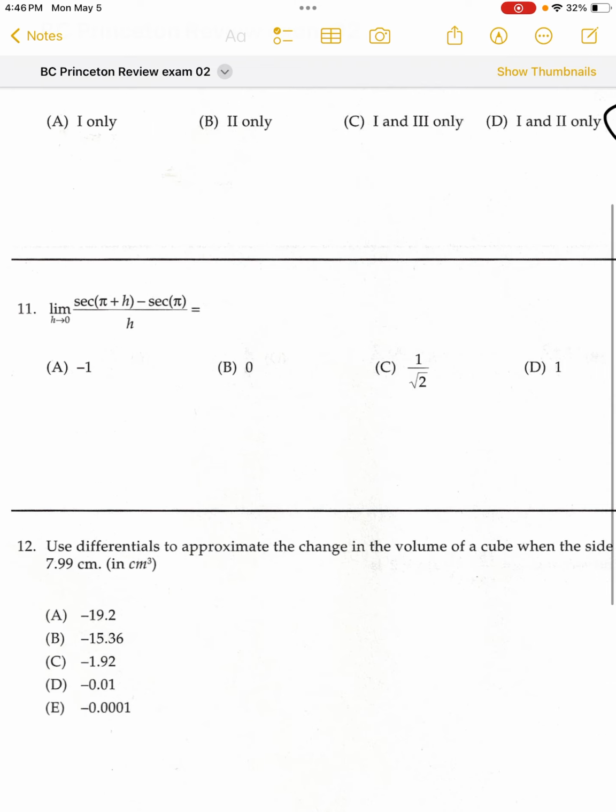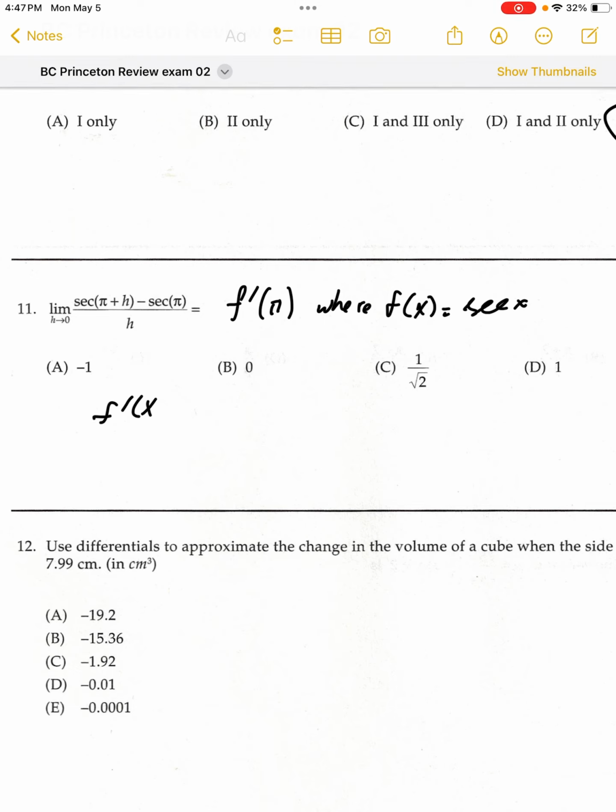Okay, number 11. The limit as h approaches 0 of secant of pi plus h minus secant of pi, divided by h. Now, this is the limit definition of a derivative if you don't recognize it. This is just equal to f prime of pi, where f of x equals secant x.